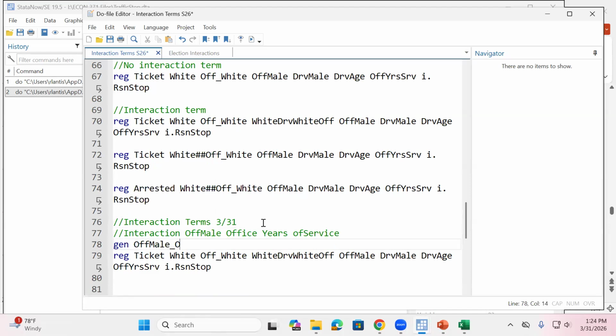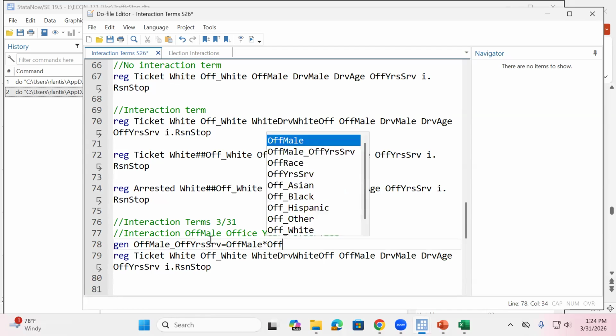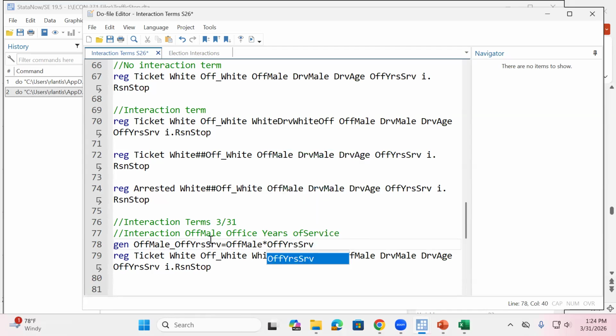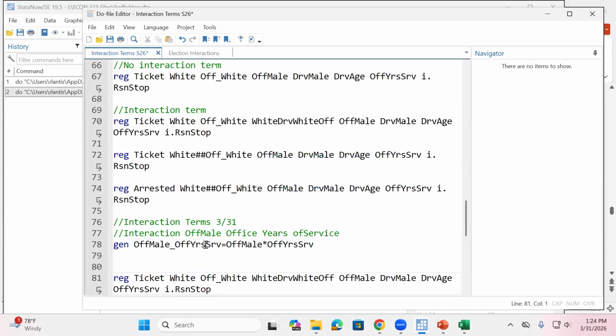This was officer's years of service, kind of the shorthand. So I'm going to create the interaction term. You can use that hashtag method. It's just, I don't know, it can get confusing about how you grab the coefficients from the regression results. I think here it's maybe a little bit easier as we initially start looking at it. So all this variable is going to be is whether or not the officer was male times the officer's years of service. All right. So I'm going to create this interaction term.